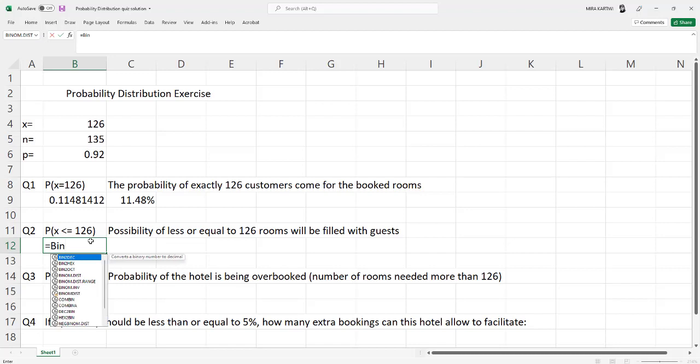Now that you have seen the formulas executed, we're going to use binomial distributions. We're going to use these values as the first one. This is the second one.